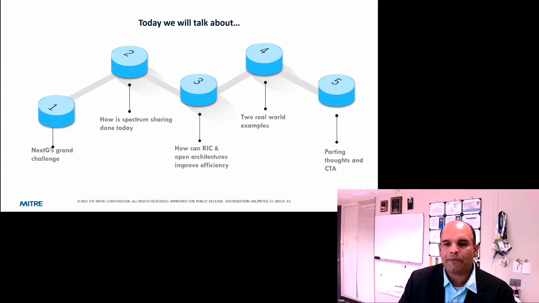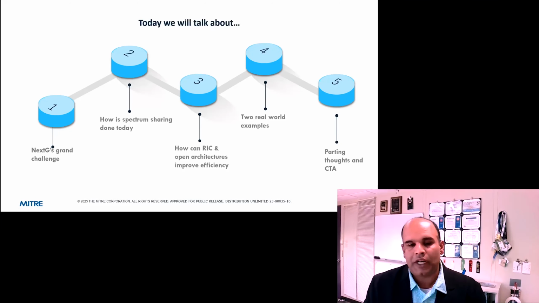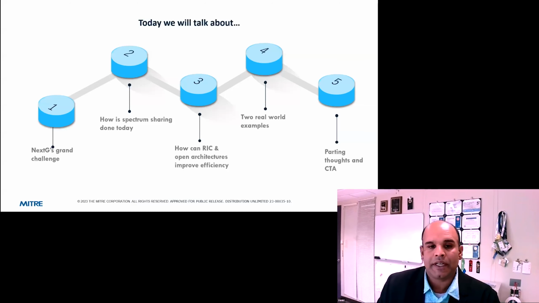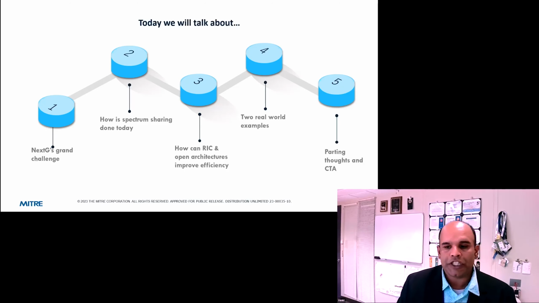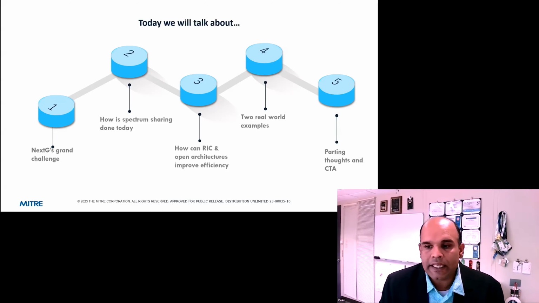So I'm going to start with something that we all know, the need for spectrum, and the need for spectrum is growing exponentially. I will start by giving a sense of how much spectrum will be needed to achieve the full potential of 5G and NextG.